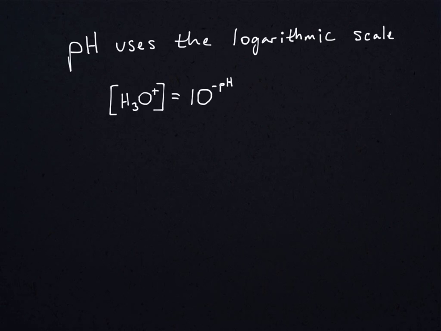So if we knew the pH of a substance, we just type in our calculator 10 to the negative of that pH, which gives us the concentration of H3O plus when we're dealing with a strong acid or base. Or we have this one, which you saw in that video: pH is equal to the negative log of the hydronium concentration when we're dealing with a strong acid.